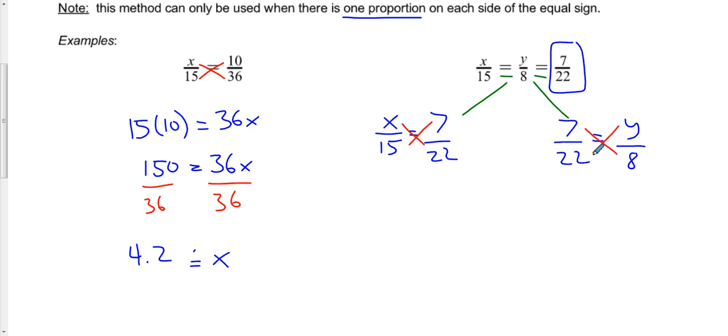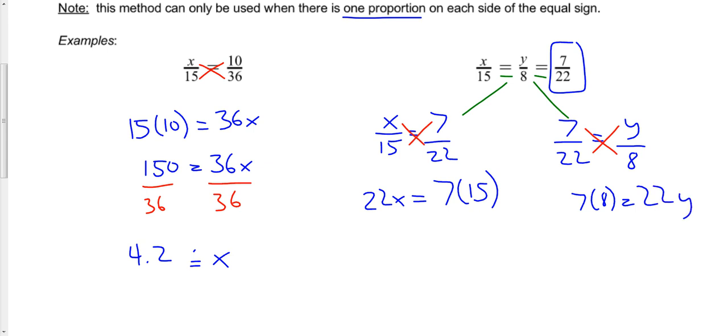Okay. And so if we go through and we've cross multiplied correctly, we're going to end up with 22x is going to equal 7 times 15. In this example here on the left-hand side, or more in the middle. And on the other side, we're going to end up with 7 times 8 is equal to 22y.